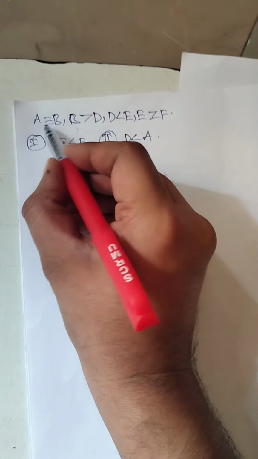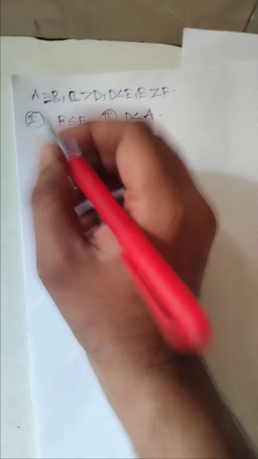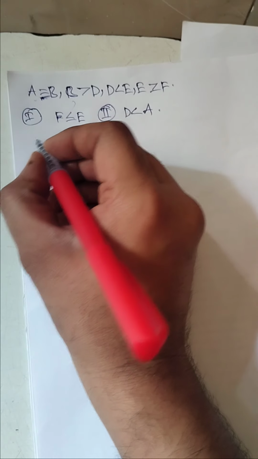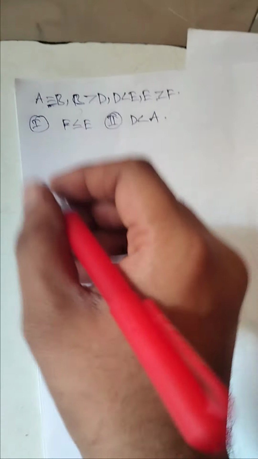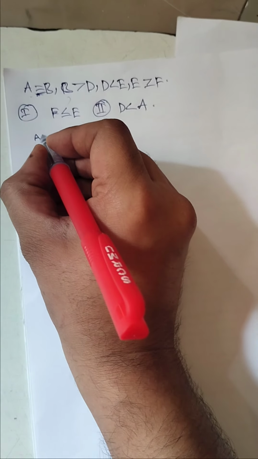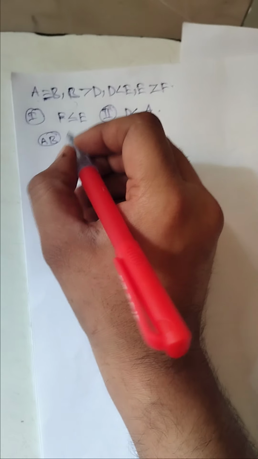Please observe carefully. In this scenario, many people have a chance to mark wrong options by getting confused with the equal to symbol. My advice is, please write it by mixing up the two variables by giving the equal to symbol.